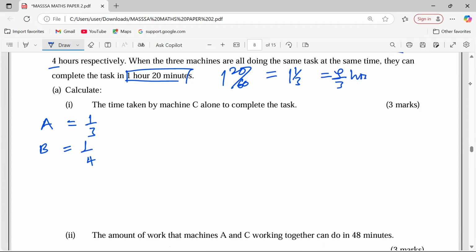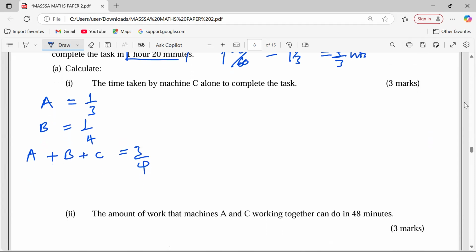So the 3 machines take 4/3. If we have the time taken, then we can have the fraction worked in 1 hour, which is the reciprocal. So A, B, and C cover 3/4 in 1 hour.